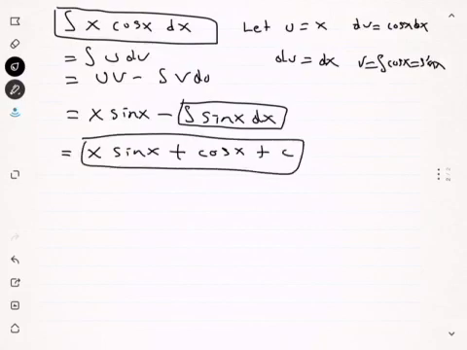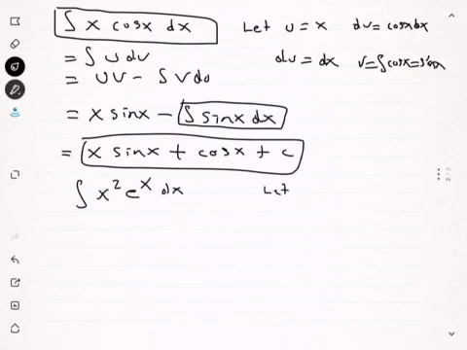Alright, now suppose we have something like the integral of x squared times e to the x with respect to x, and we want to use integration by parts.